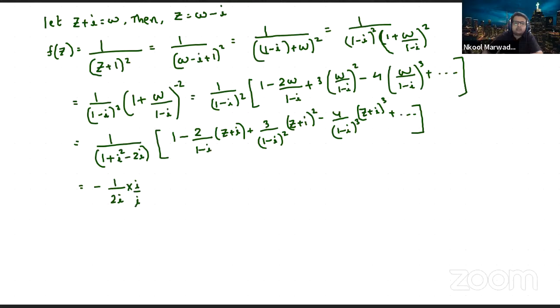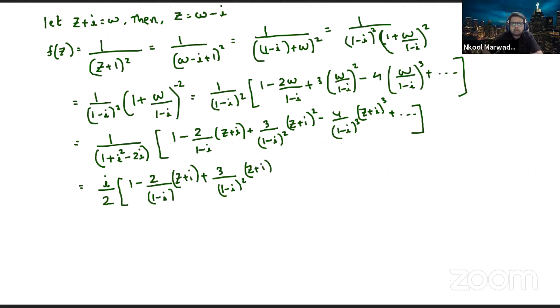So directly I can write it i by 2. So this is the required expansion. Whatever function we have, 1 upon z plus 1 square, we can expand it like this.